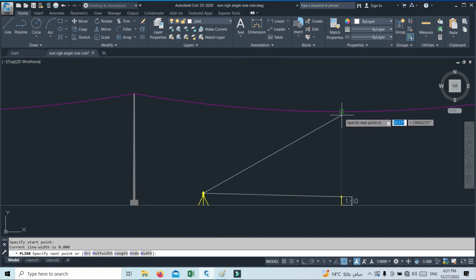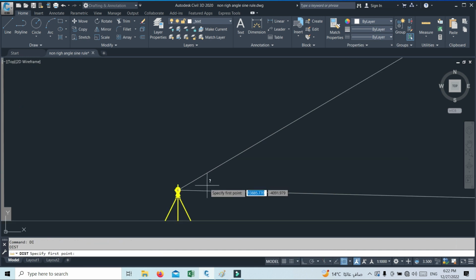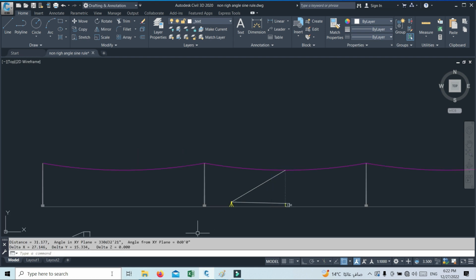This is the representation of our observation, and what we got with that observation, we have a vertical angle of 330 degrees 32 minutes 21 seconds.